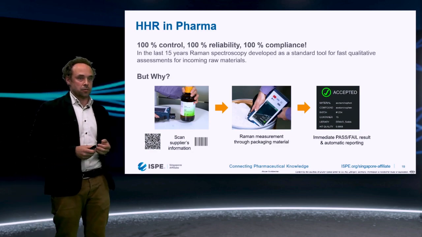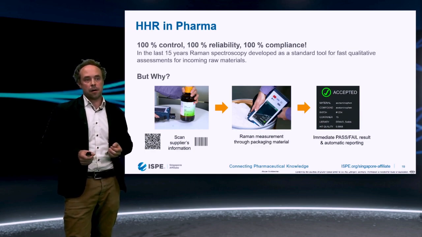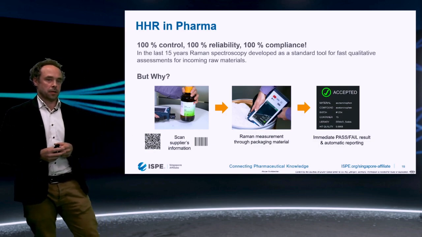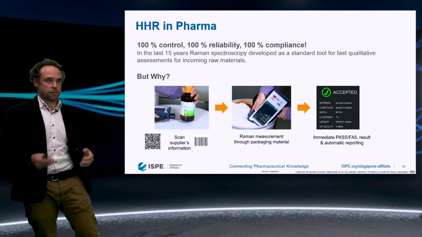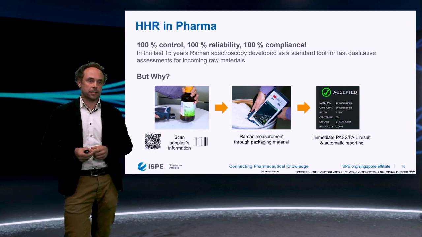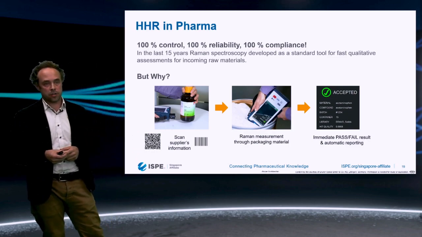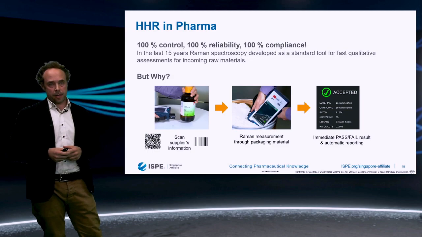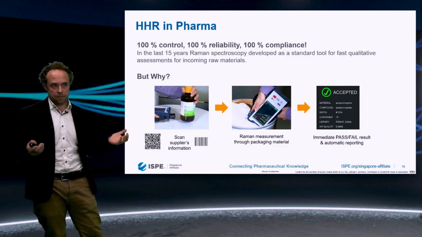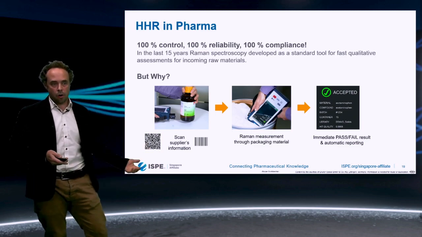Afterwards, you can in many cases measure directly through the packaging material, meaning that you avoid, if possible, unpacking in a sampling booth and transferring the sample to the laboratory. The analysis can be performed directly, for example, at goods receipt or in the warehouse environment. And there's a direct pass-fail result presented on the handheld instrument: either this meets my expected quality of the raw material or not.